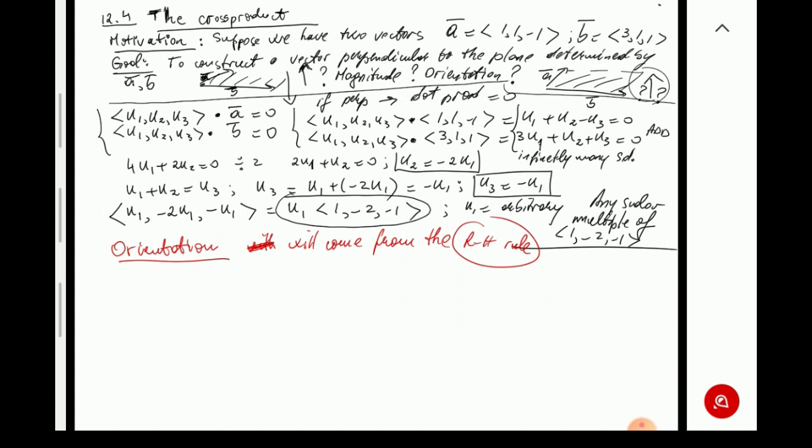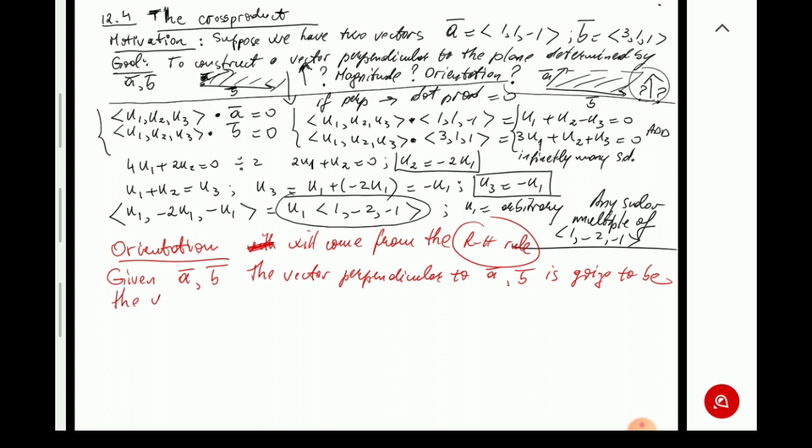So in other words, given two vectors A and B, the vector perpendicular to A and B is going to be the cross product, which is another vector, by the way.